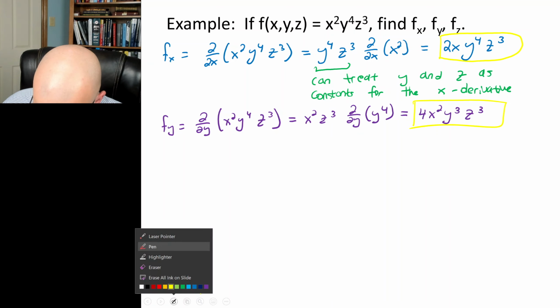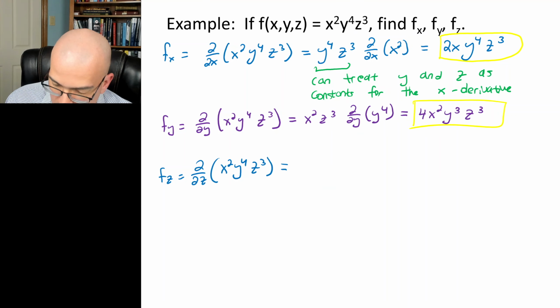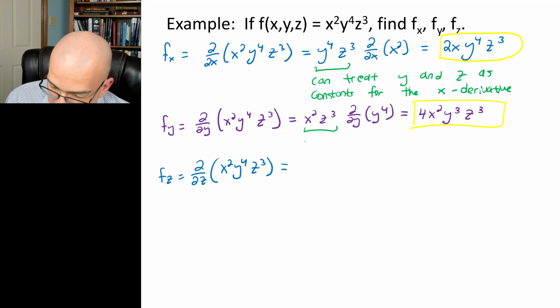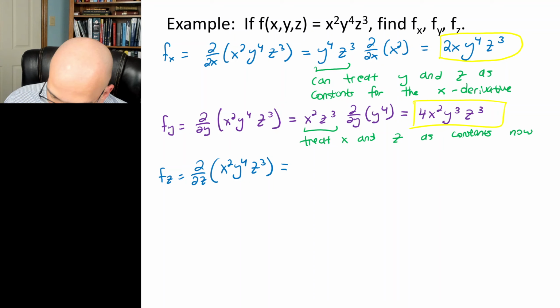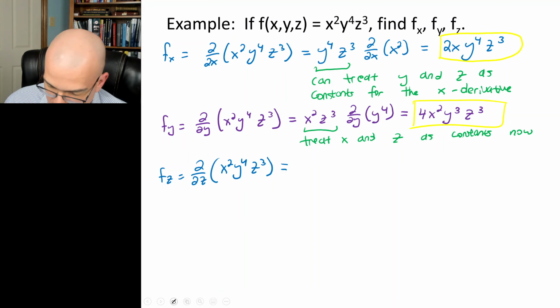Again, on the last one, f sub z. Now we have the z derivative, ∂/∂z, of the same expression. Now, for the z derivative, we're going to treat the other two variables, x and y, as constants.